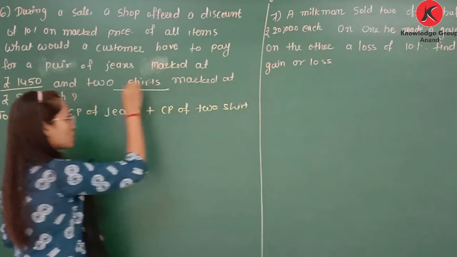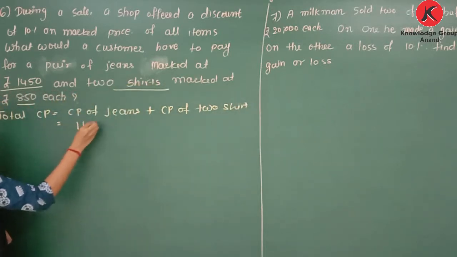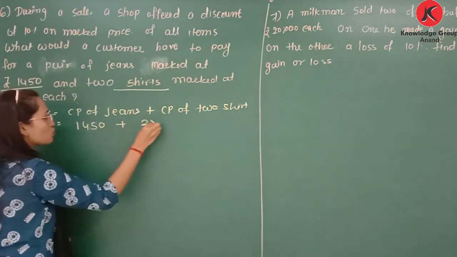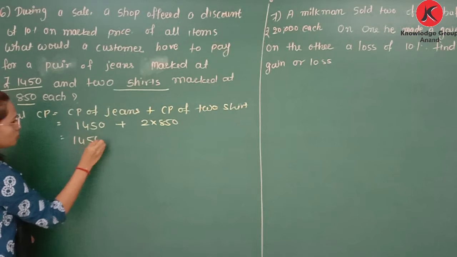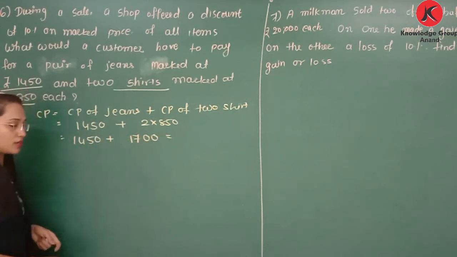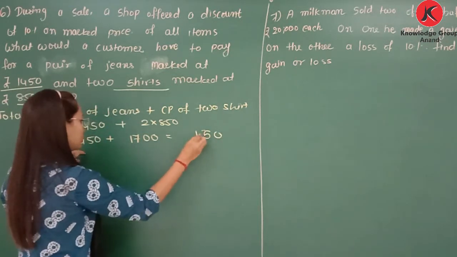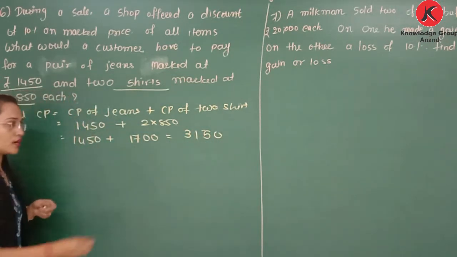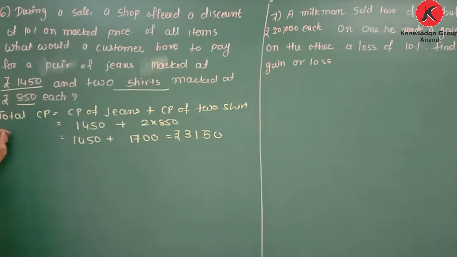But here the cost of one shirt is given, so we can find it is 1450 plus 2 multiply 850. That is 1450 plus 1700. So we can find it is 3150. That is the total CP for a customer.